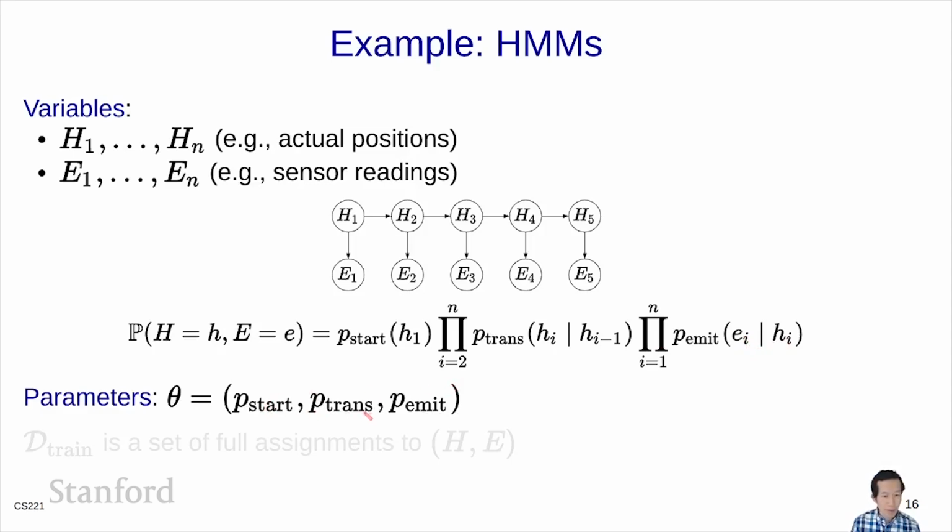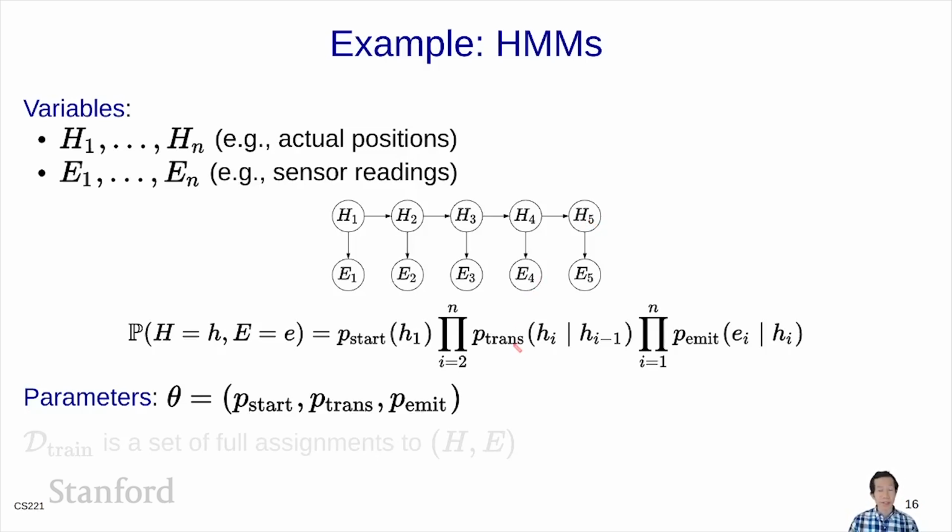Again, the parameters are P start, P trans, and P emit. You can think about how many parameters are in this Bayesian network. Well, you have the number of positions times number of positions squared times number of positions times number of possible sensor reading values. Again, there is no dependence on the time window, the number of time steps n.